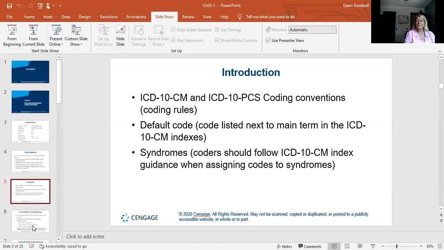Your ICD-10 CM book also has guidelines embedded in the tab section before every chapter so that you can review those as you're coding. This is a nice tool if you have the book that we put on the list, which is the ICD-10 CM Expert for Physicians, just as an FYI.